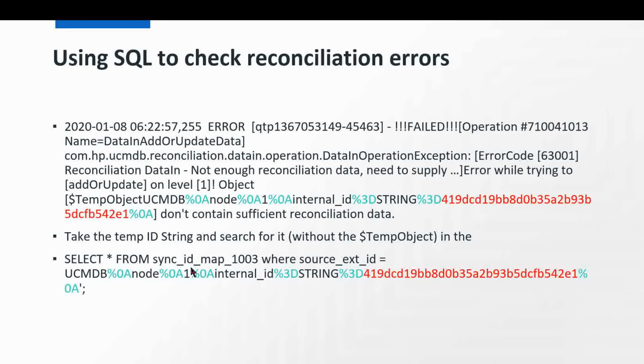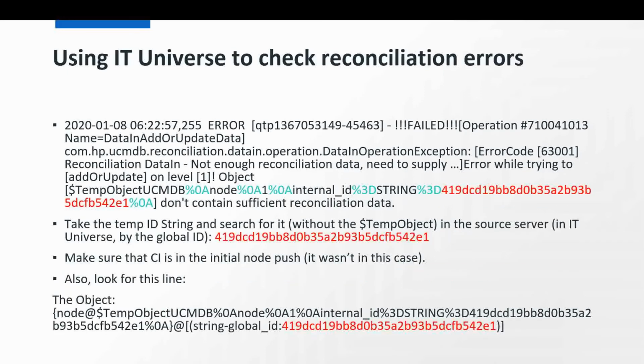So: select star from sync ID map _1003 where source external ID equals, and then everything from UCMDB to the end of this %0A, right? So once again, it would be UCMDB node 1, an internal ID string, and the actual global ID. You can do a search in that table to see that.